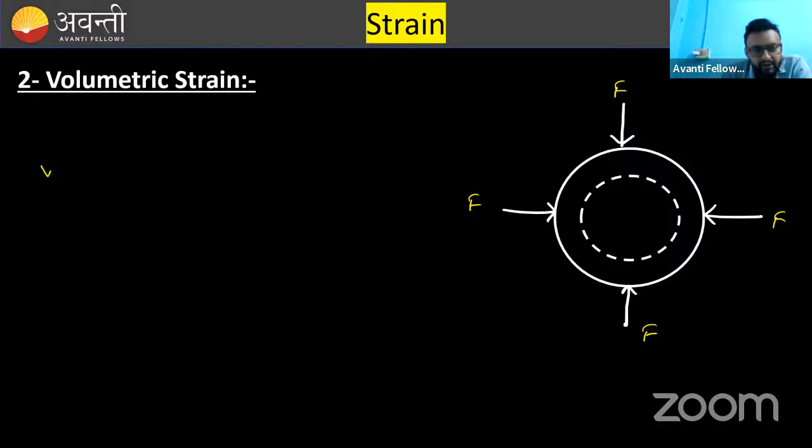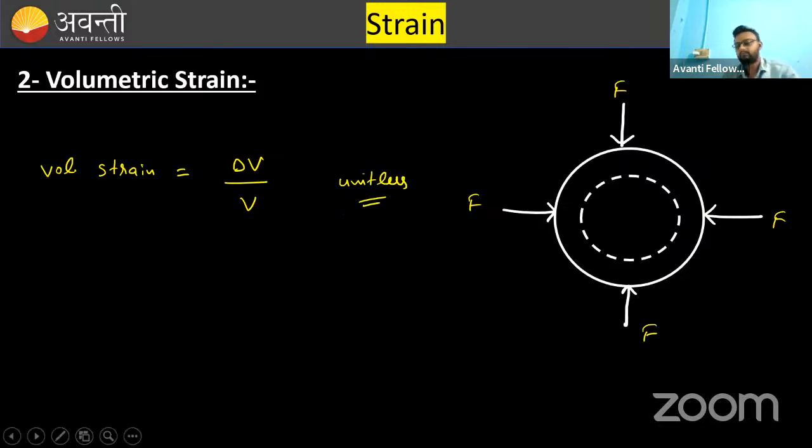Volumetric strain is equal to, let's suppose the volume change of the body is delta V, divided by the original volume V. So volumetric strain is delta V over V. Again, it is a unitless quantity. Clear? I think it is clear to you.